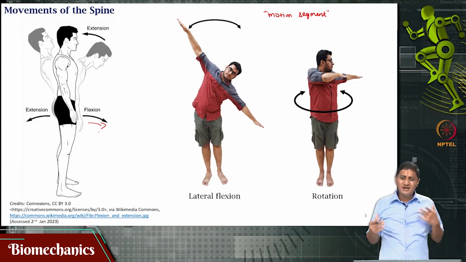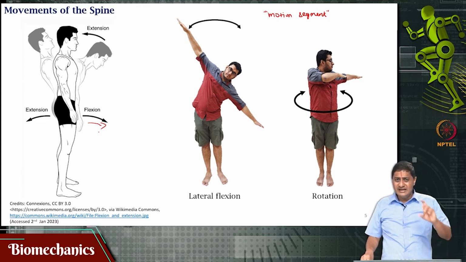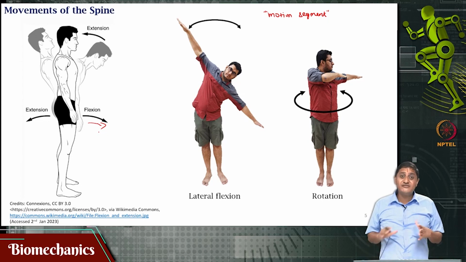The net movement that is possible at any level of the spine is a function of the sum of the movements happening above that level, and in each motion segment the restrictions or constraints are different. Not all the vertebra can move the same amount.